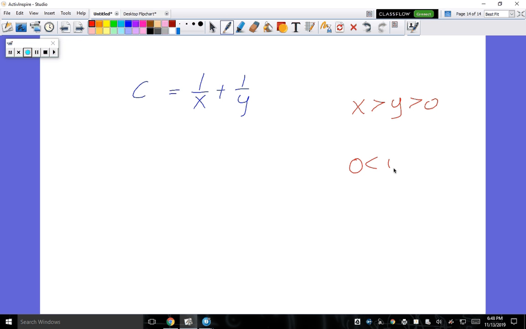This is the same as saying y is between 0 and x. So we're trying to find 1 over c. What do y'all suggest that we do right now? How would y'all start? I'll fix it if you're wrong, but how would you start this? Because your goal is to get this.